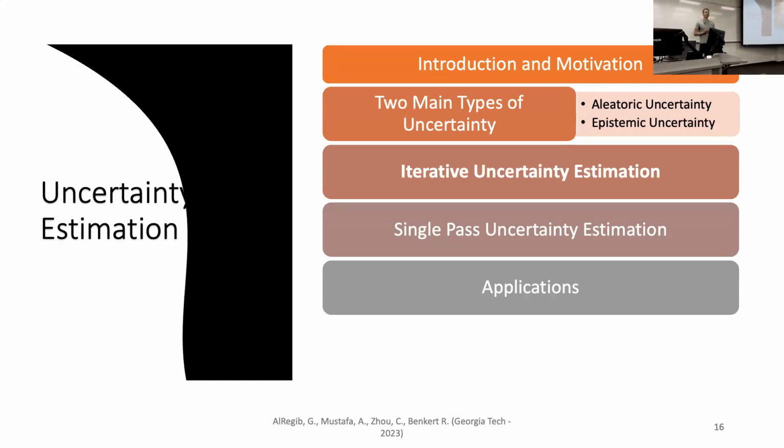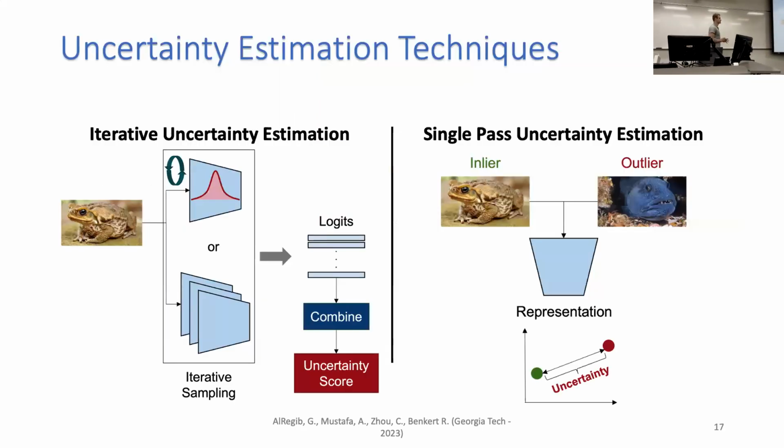But now let's dig in and talk about different ways we can estimate uncertainty in deep learning. I'll be talking about two areas, namely iterative uncertainty estimation methods and single pass uncertainty estimation methods.